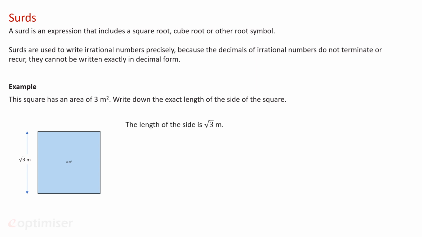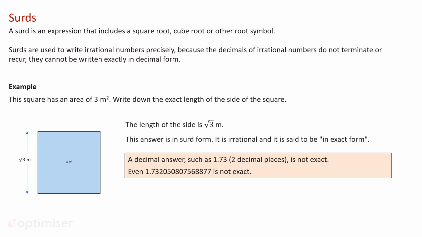So the length of the side is square root of 3 meters. You can only specify the length as square root of 3 if you want to specify it in an exact way. You can write it as 1.73 to 2 decimal places, but that is not exact.